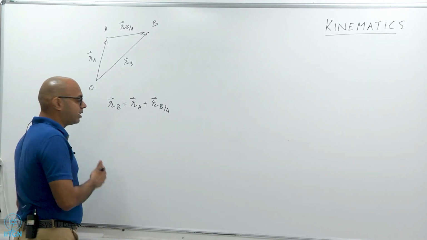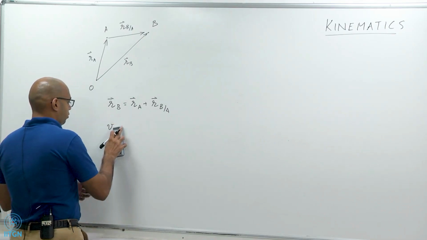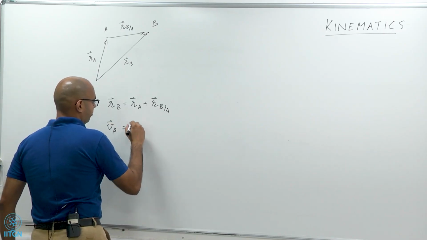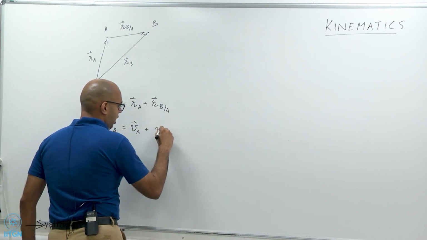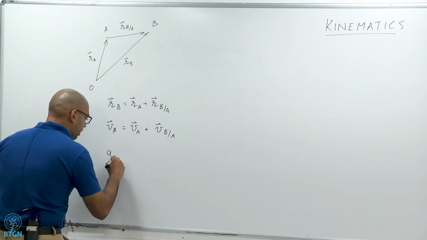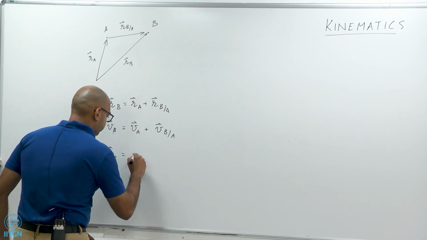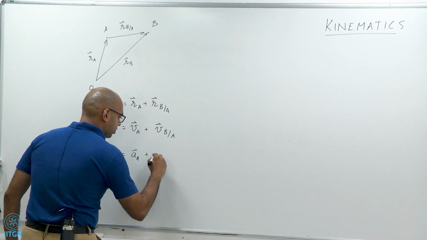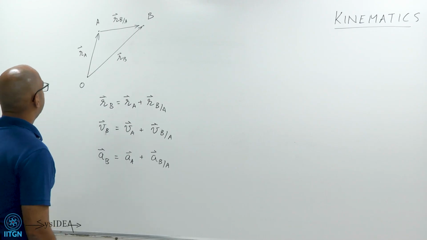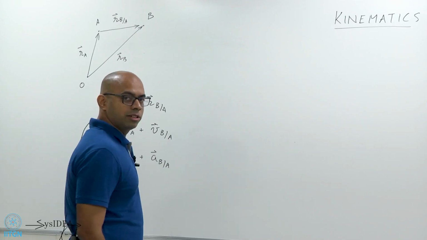There are no assumptions involved in writing this, but I can differentiate this once and I get VB is equal to VA plus VB with respect to A, where the V's are now velocities, the velocity of B relative to A. I can do this once more and I get acceleration of B is equal to acceleration of A plus acceleration of B with respect to A. Now, this is again valid universally, no assumptions involved.